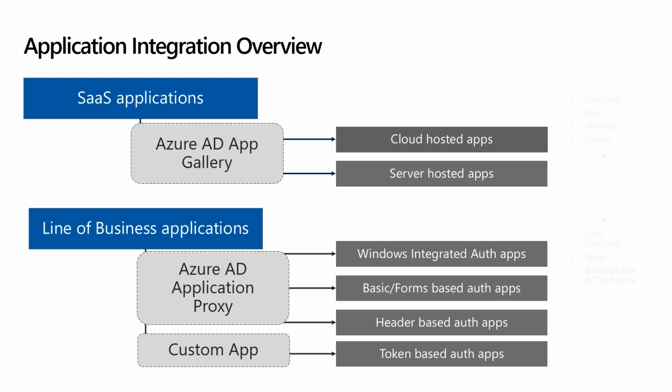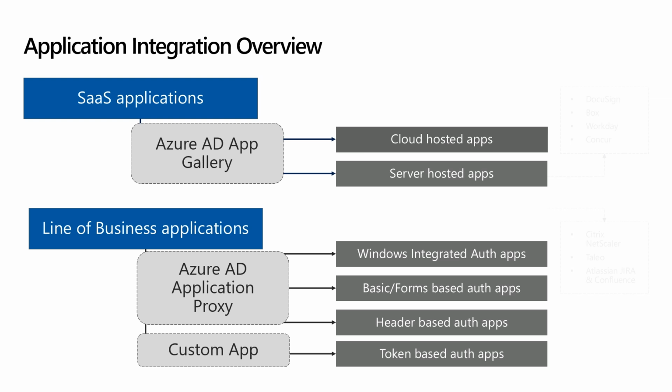When we look at how you integrate these types of applications, the Azure Active Directory App Gallery is made for SaaS applications. That means any SaaS application you are using in your organization, you should be utilizing from the Azure Active Directory Application Gallery, and we'll see what the application gallery means.